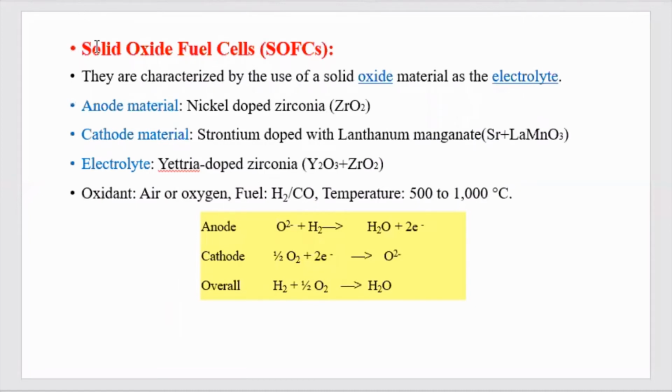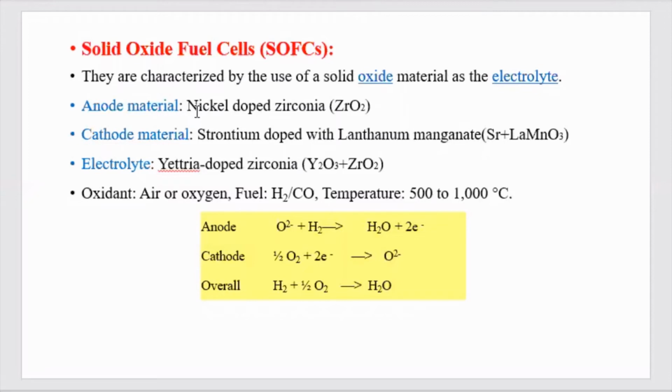Another fuel cell, the solid oxide fuel cell. These are characterized by the use of a solid oxide material as the electrolyte. In the methanol oxygen fuel cell, an aqueous solution of sulfuric acid is used as the electrolyte. In the solid oxide fuel cell, solid oxide is used as the electrolyte.